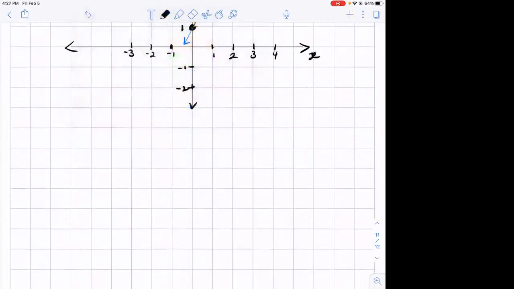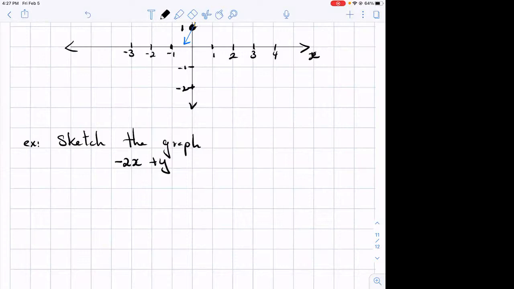Sketch the graph of minus 2x plus y is equal to negative 3 by finding the slope and the y-intercept.